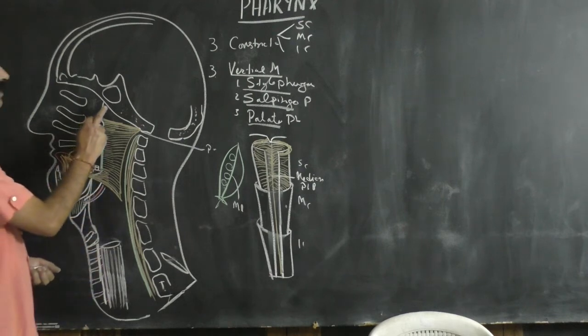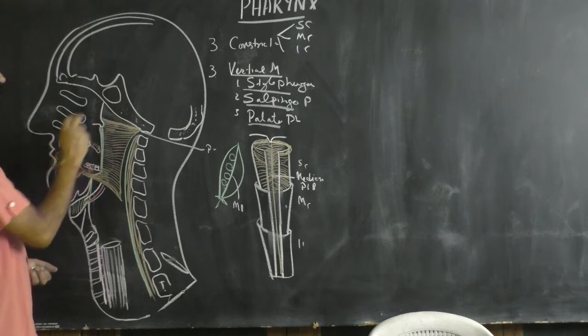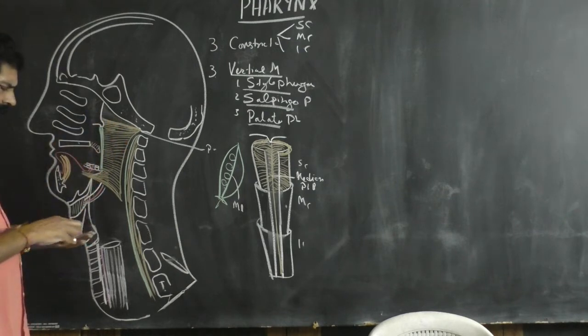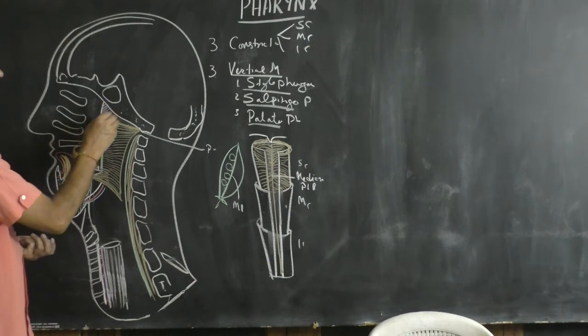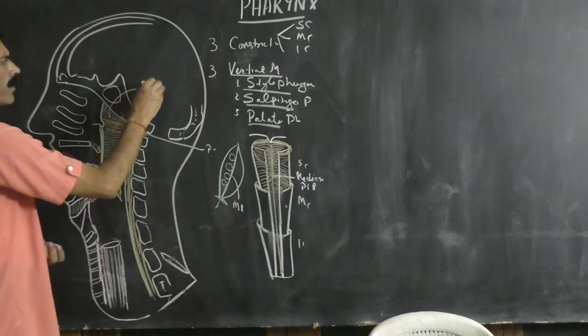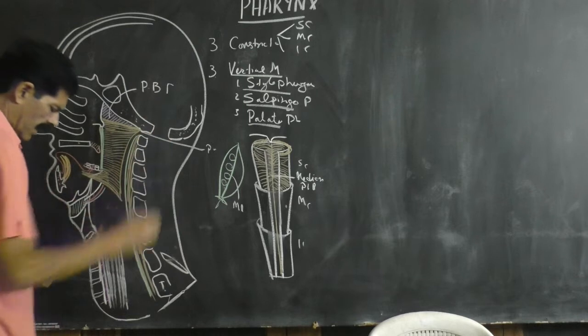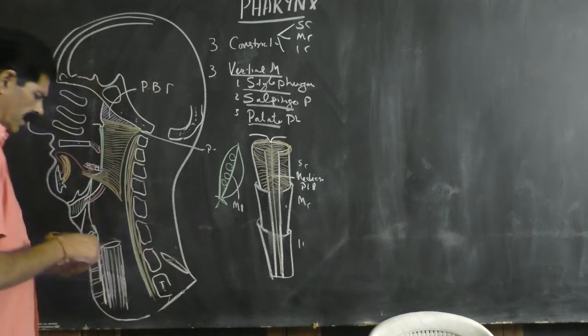Now a gap is left between the base of the skull, the posterior border of the medial pterygoid plate, and the uppermost fibers of the superior constrictor. This gap is closed by a membrane which is called the pharyngobasilar fascia. And this fascia is pierced by structures.